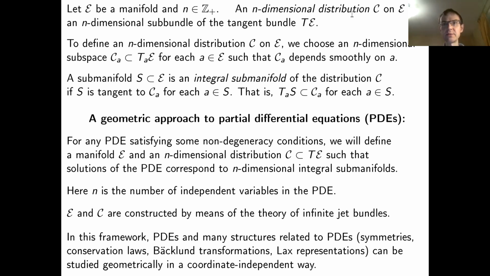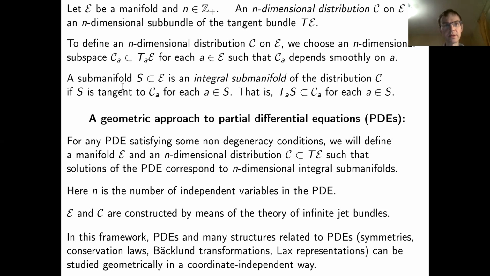Then an n-dimensional distribution C on the manifold E is an n-dimensional subbundle of the tangent bundle of this manifold. So to define an n-dimensional distribution C on E, we choose an n-dimensional subspace C_A in the tangent space at each point A of E, such that these subspaces C_A depend smoothly on the point A.